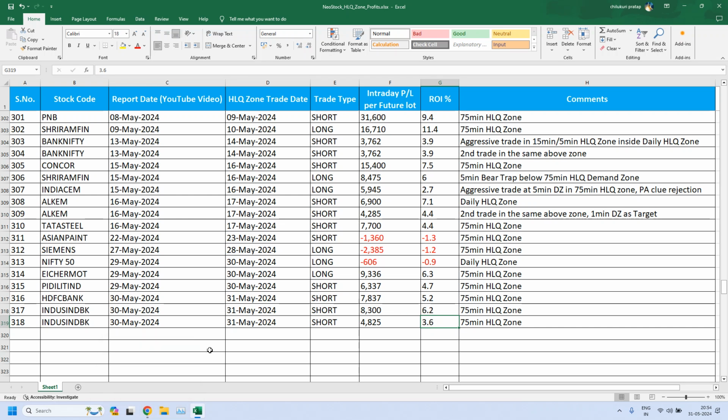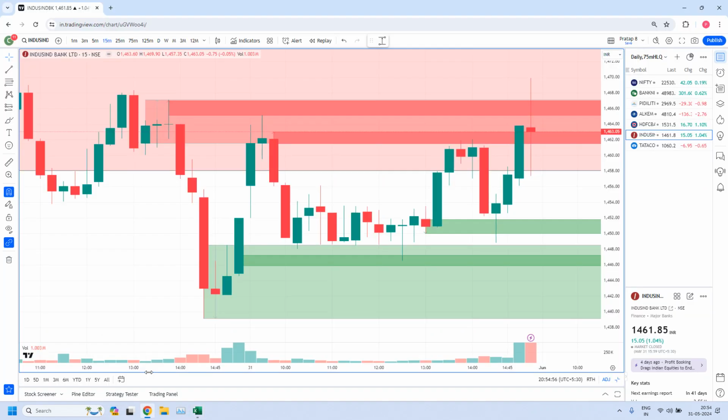So in total you got 9.8% return only from IndusInd Bank. This is the dynamic trade. Dynamic trade means during the live market a zone is created, price retraces again to that zone, we took a trade and it reached the target.